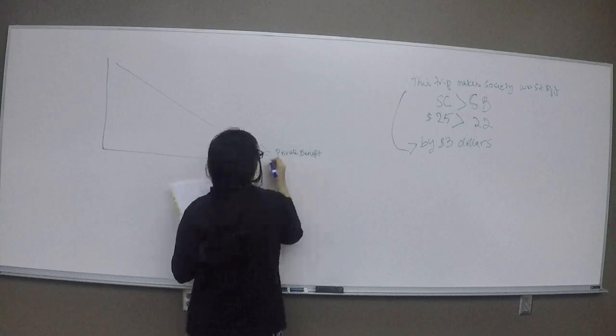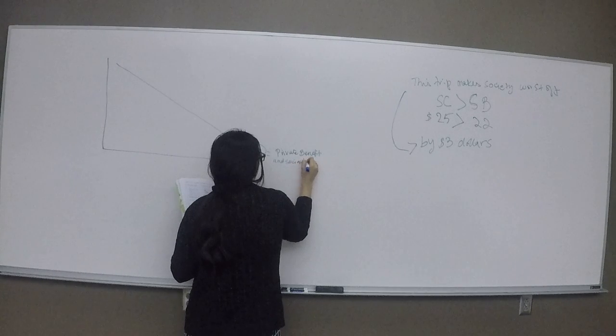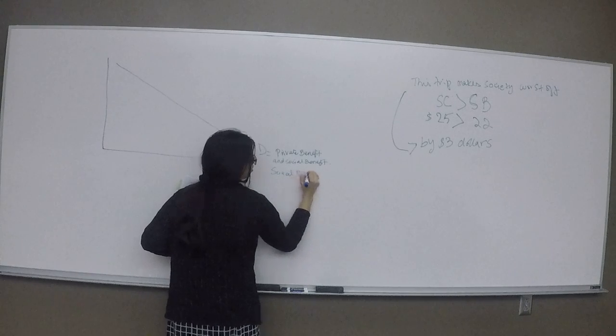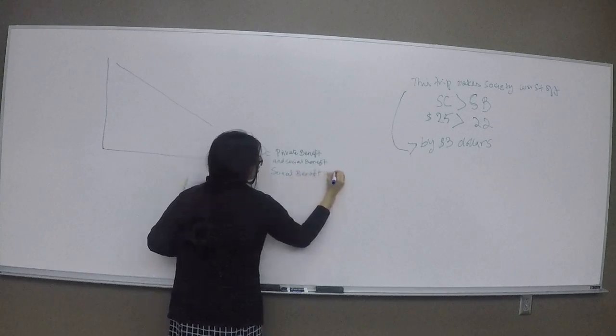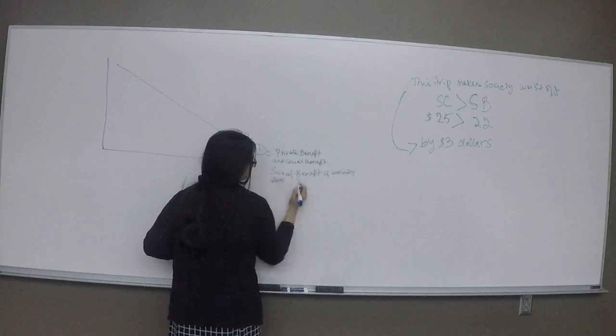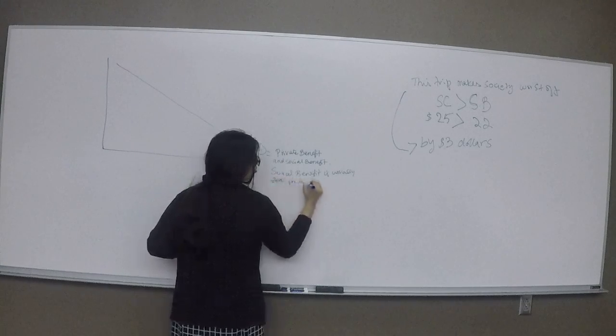Social benefits is usually 0 for a private activity.